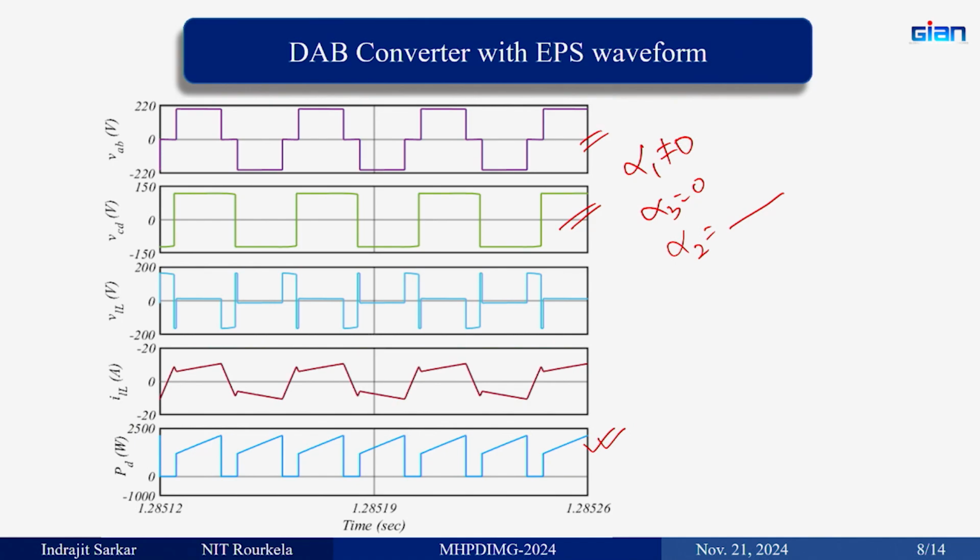Because MPPT tracking and connecting to the grid is a typical problem. It is a typical application where we extract power at MPP and then feed it to the grid. Very rarely we work in islanded mode. Let us say you have a DC-DC boost converter, and after that a solar inverter.